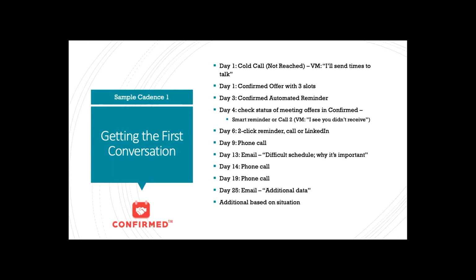Now with Confirmed, we have some automation put in there, as I've said before. So if you're using Confirmed, you'll send a reminder. So let me back up a step here. When we talk about this cadence in the manner that I'm talking about it today, the assumption is the cadence was put together to get that conversation going. Once you get that conversation going, you have a different process going. But if you look at the majority of the sales out there, the hardest and most difficult thing to do is to get that first conversation.